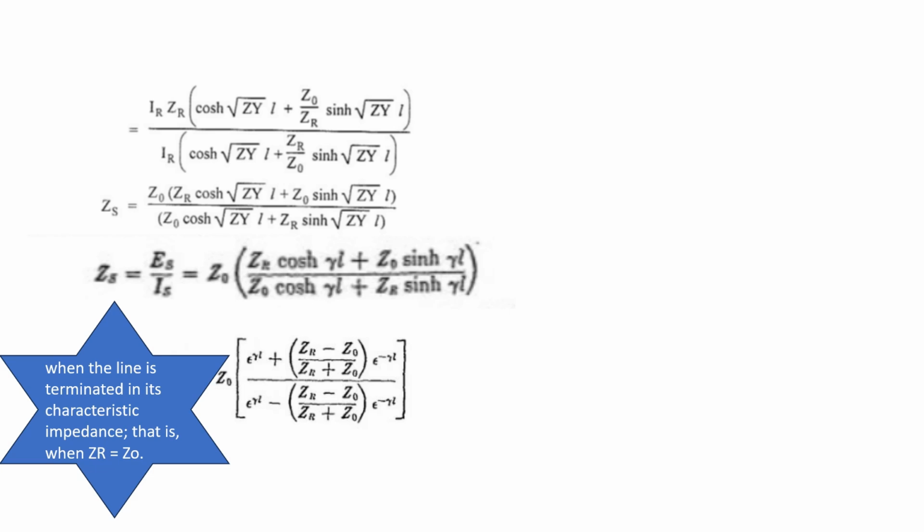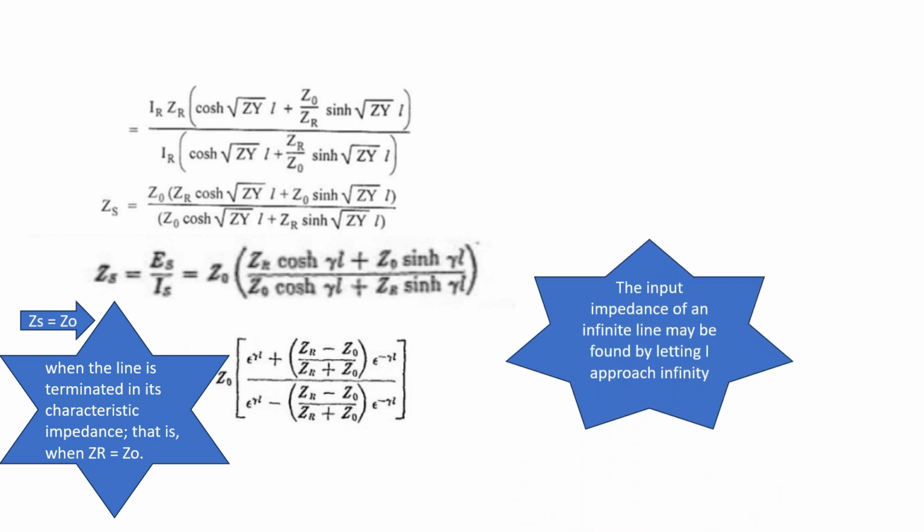So finally we get Zs is equal to Z0 into e power gamma L divided by e power gamma L, since the second terms of the numerator and denominator tend to be 0. So e power gamma L and e power gamma L get cancelled. Then we get Zs is equal to Z0. So when the load impedance of the transmission line is terminated by its characteristic impedance, the source impedance is equal to Z0 of the line. So this is the condition for a finite length.